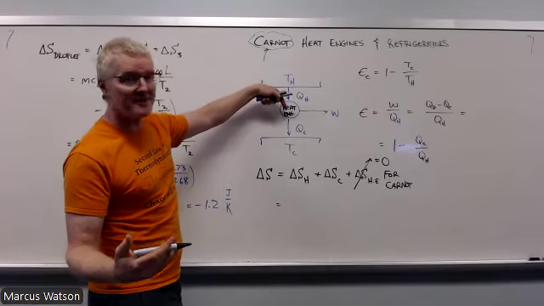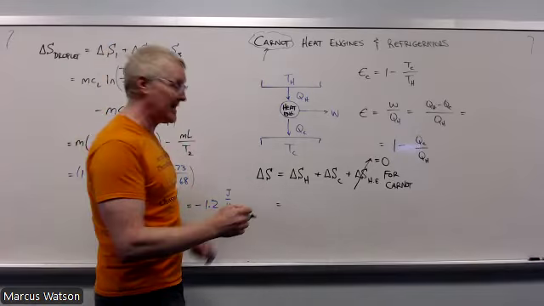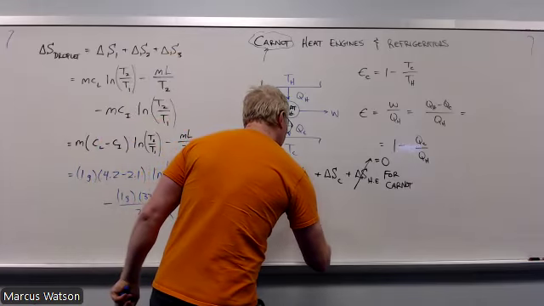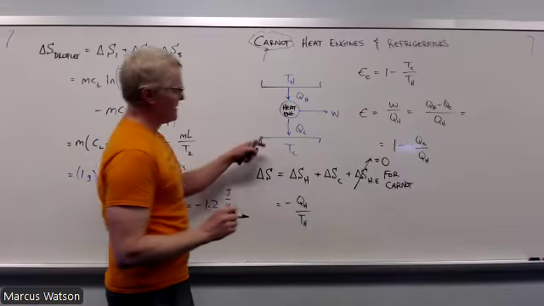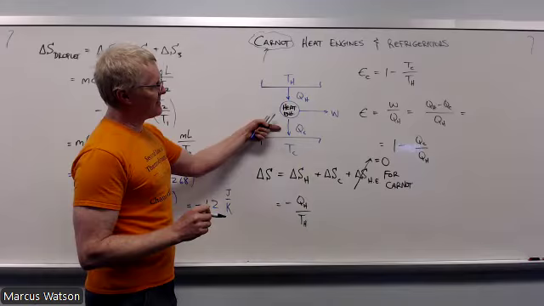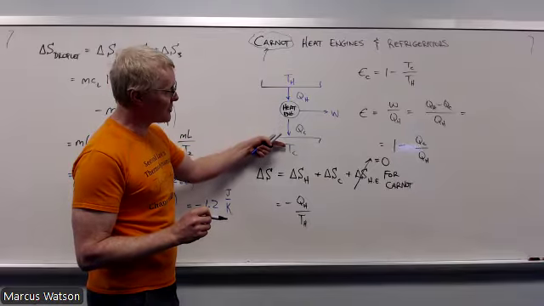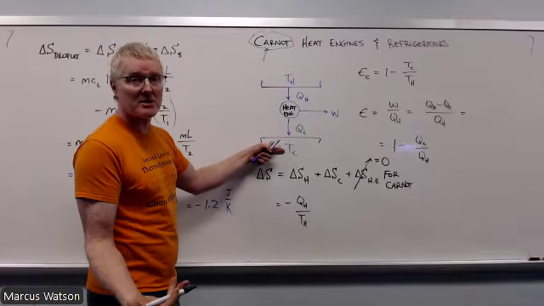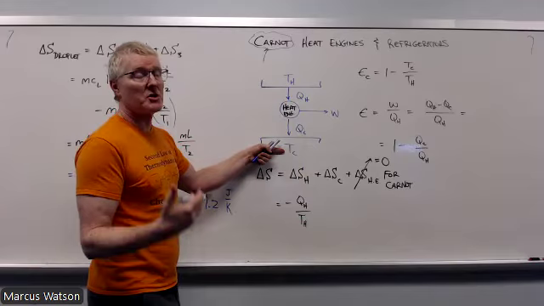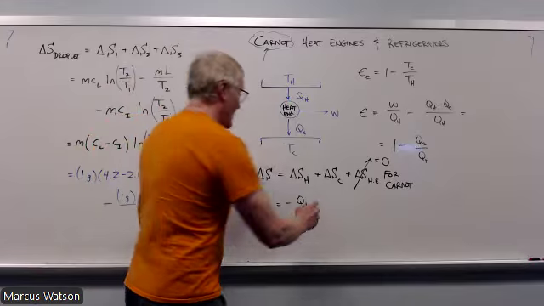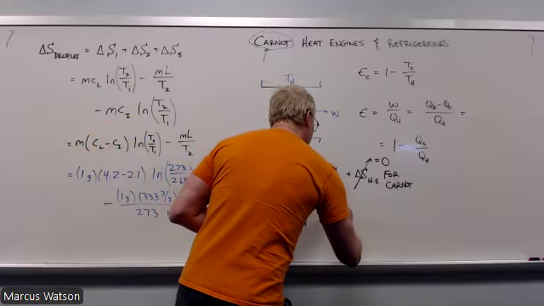It's a loss of heat that happened at temperature TH. Therefore, this is negative QH over TH. This dump of heat, the dumping of waste heat into the cold reservoir, doesn't change the temperature of the cold reservoir either. So this is heat transfer at constant temperature and must look like QC over TC.